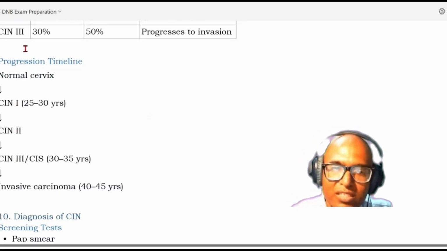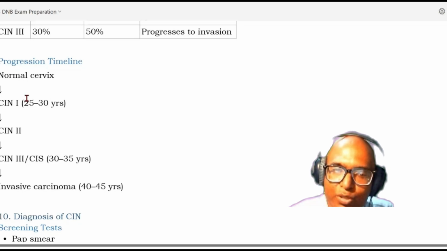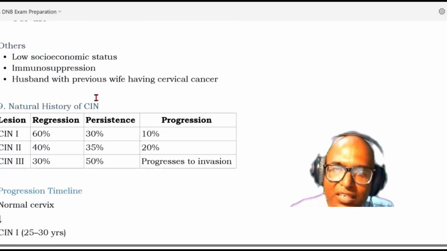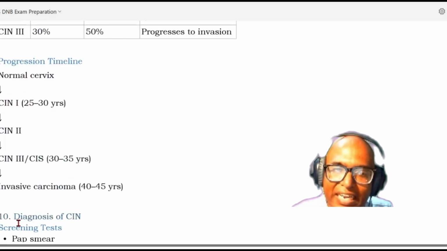So if there is a normal cervix and suppose a lady develops infection around 25 in the young reproductive age group, and it is a CIN1 pathology, then this CIN1 will progress to CIN2 to CIN3. But from CIN1, the chance of progression is only 10%. If it is CIN2, then it will be 20% chance of progression, but the persistent chances will also increase.